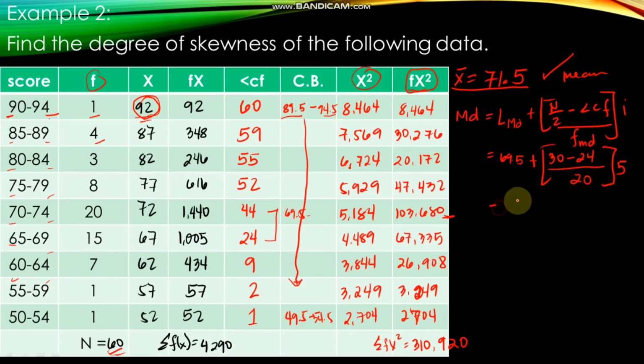So that equals 69.5 plus 30 minus 24, that is 6 times 5, that is 30 over 20, so that is 1.5. So equals 69.5 plus 1.5, so that is 71. We can still see 71 in the median class. This is our median class.